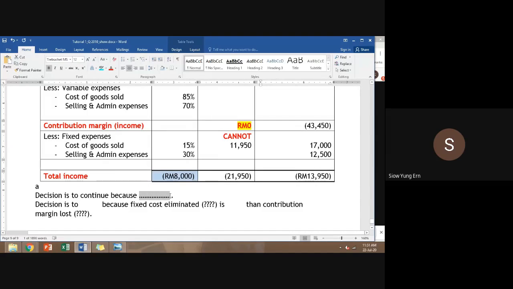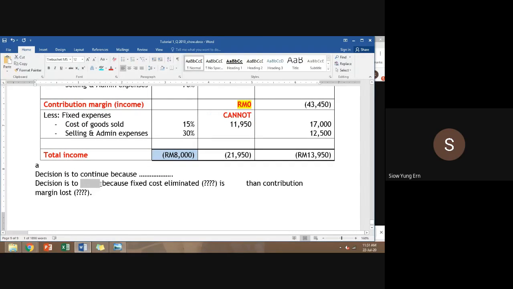Okay, class, so you complete this sentence. And I want to show you the last one. Decision, same decision. Decision is to continue because fixed cost eliminated, which is here, 29,500, is lesser than contribution margin loss.